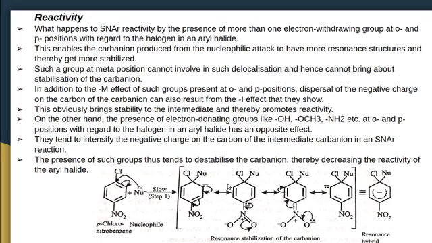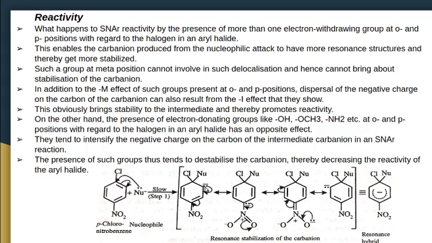Plus I effect means electron releasing effect, minus I effect means electron withdrawing effect. This additional minus I effect also causes the dispersal of negative charge. Negative charge is dispersed throughout the ring.